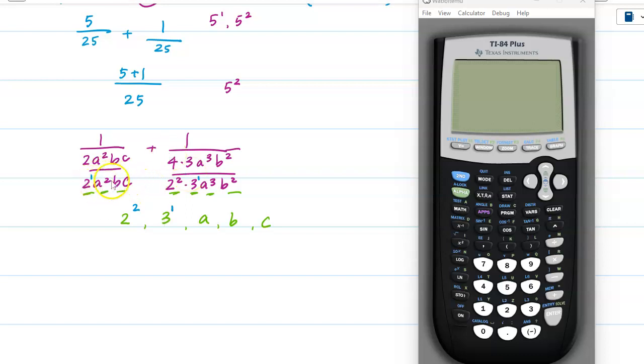A, twice here, 3 times here, 3. B, once here, and twice there, so 2. C, once here and none here, once. That becomes your common denominator. And why? Because you can multiply to make a denominator more, to have it look like this denominator here, but you can't take away.